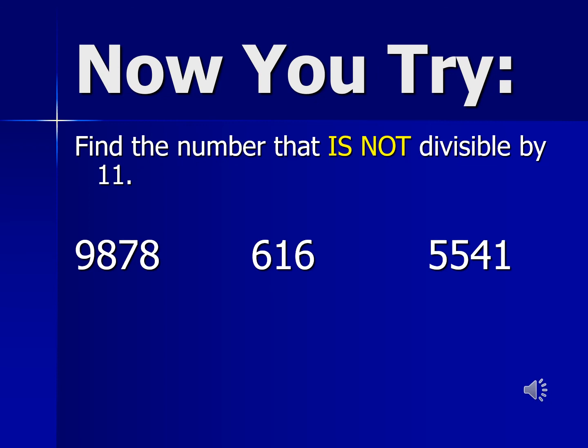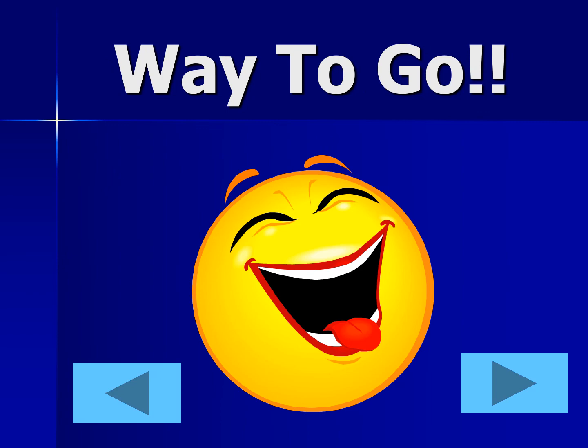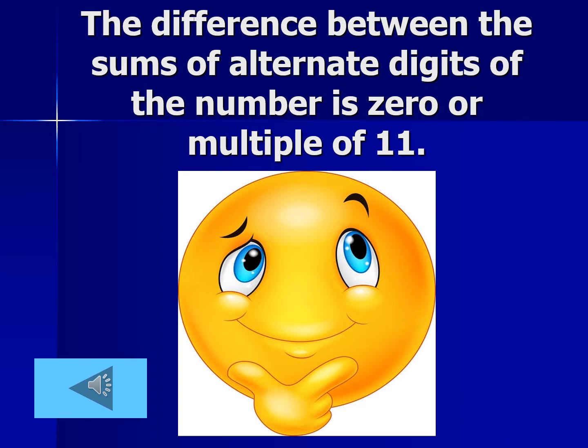When we add 5 and 4, we get 9, and when we add 5 and 1, we get 6. 9 minus 6 is 3, and 3 is not divisible by 11, so we can say this number 5541 is not divisible by 11. Let's remember, for a number to be divisible by 11, the difference between the sums of alternate digits of the number should be 0 or a multiple of 11.